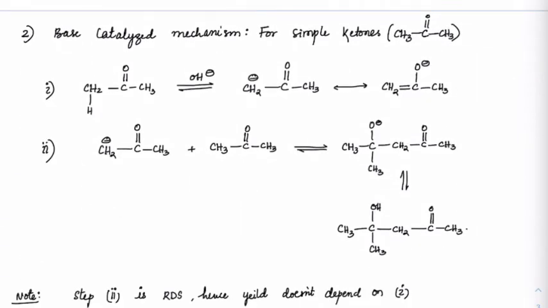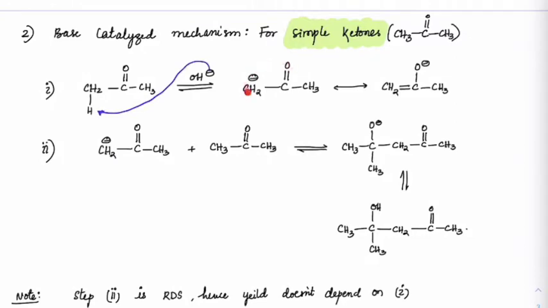In case of ketones, let us see what would happen. First, same steps again. OH minus will first extract the proton and form an enolate ion.